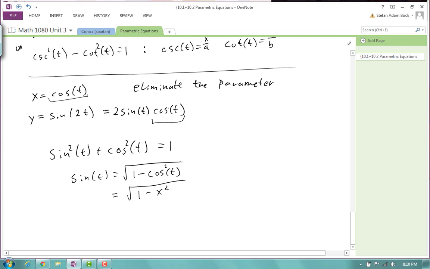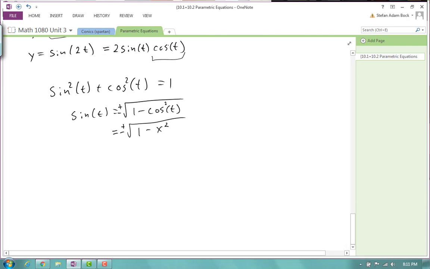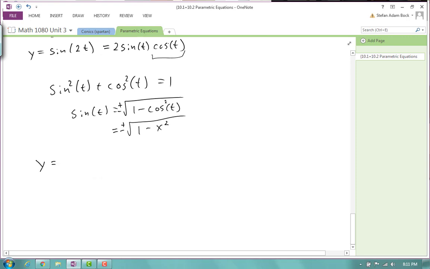Now what we've lost in doing this process of eliminating the parameter is we have lost the negative half of our function. See, this should be a plus or a minus, and this should be a plus or a minus, which means I could write y equals plus or minus 2x square root 1 minus x squared, which doesn't look great.